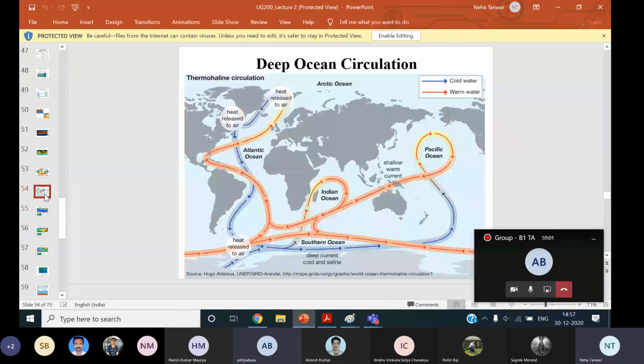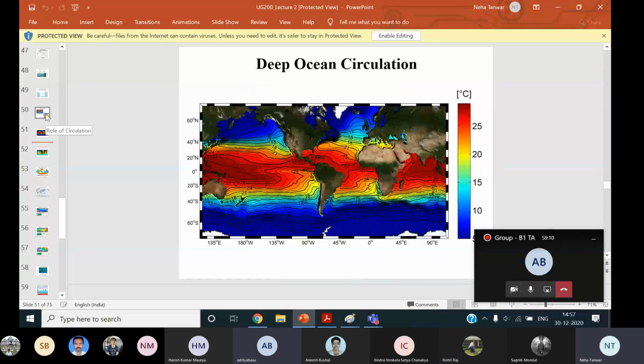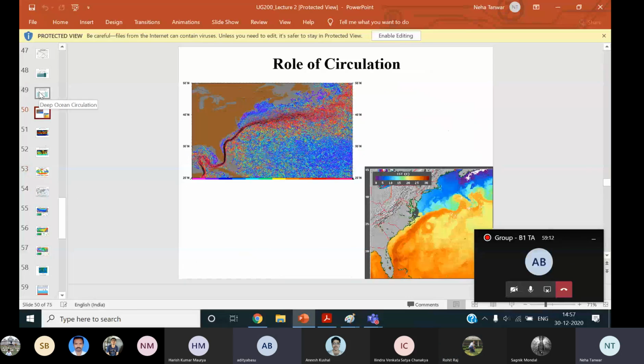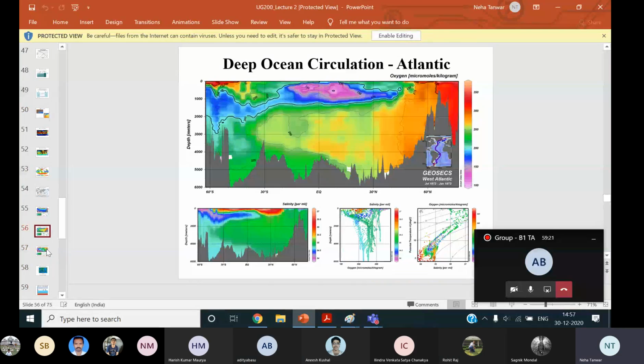Ma'am, there are some of these kind of maps. Could you please explain this? Which one? Probably the last two slides. Do you mean the temperature?